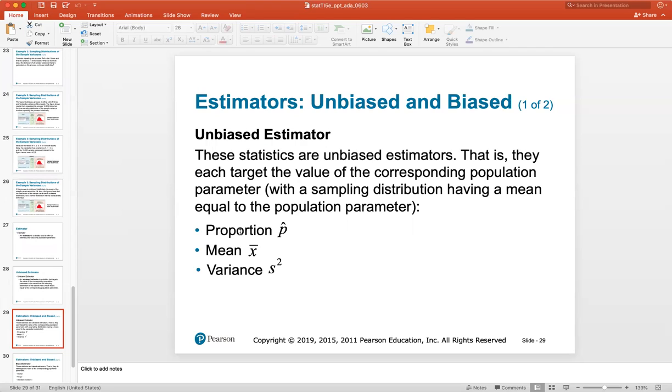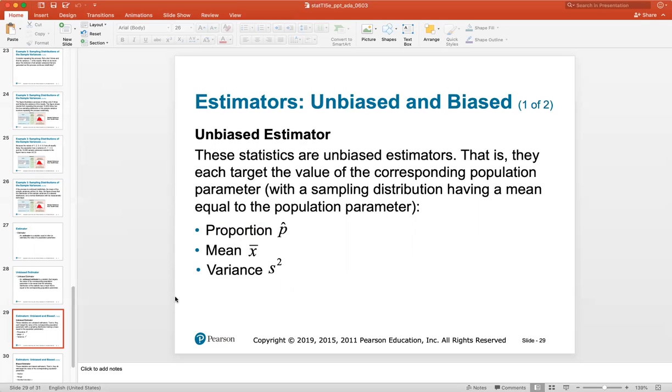We're going to study three popular unbiased estimators: sample proportion, sample mean, and sample variance. We just saw that these three statistics tend to approach the value of the corresponding population parameter.